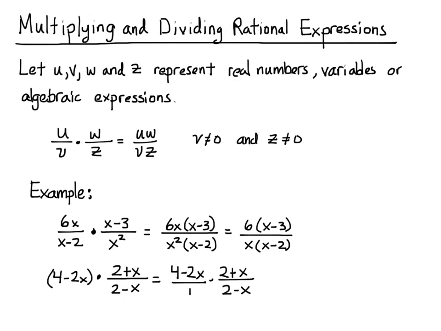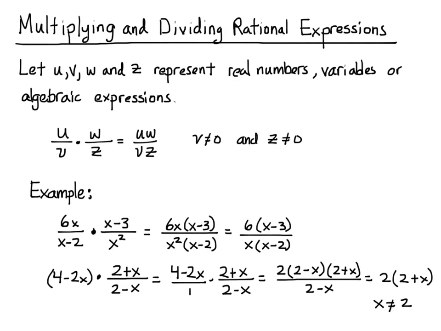So if I were to treat it like it's 4 minus 2x over 1, then what I need to do is just multiply out. Now notice what I did here. I didn't just multiply these two. Oftentimes, before you multiply, if you factor it, it'll be easier factoring something small than if you multiply these two together and then try and factor it.